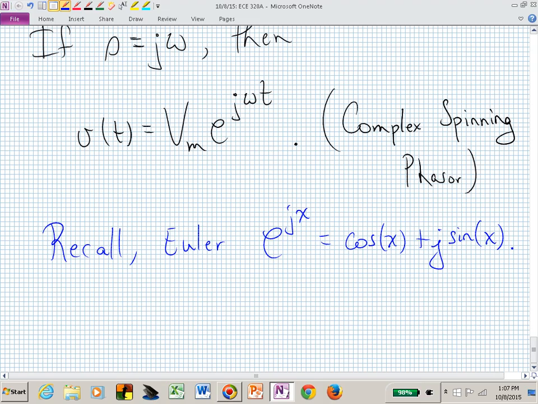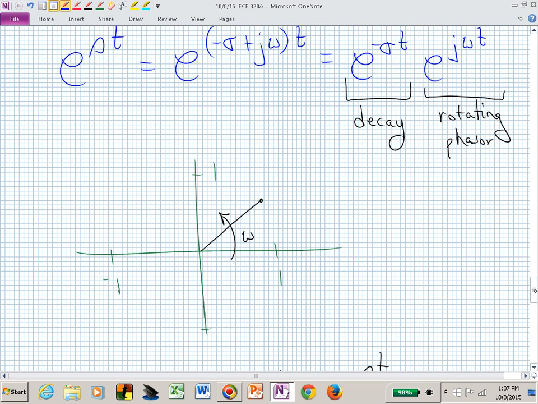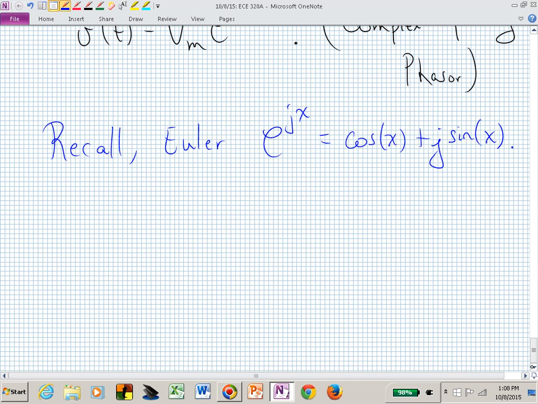We could say, just give us the real piece of that complex spinning phasor. You could now go back up here and say, I have a phasor that's spinning around at omega, and I'm just looking at the projection of that phasor on the real axis.